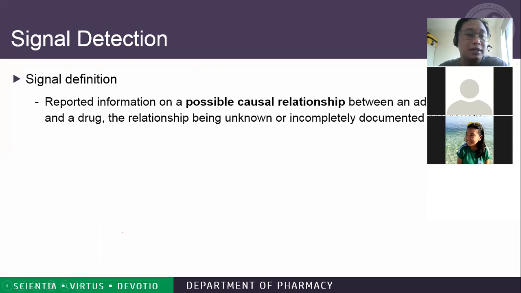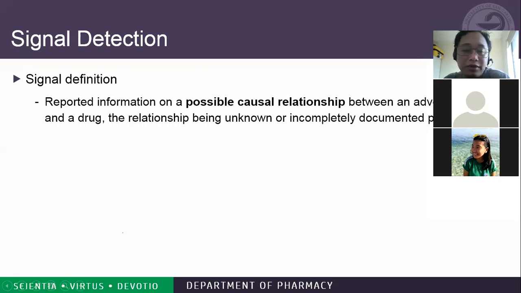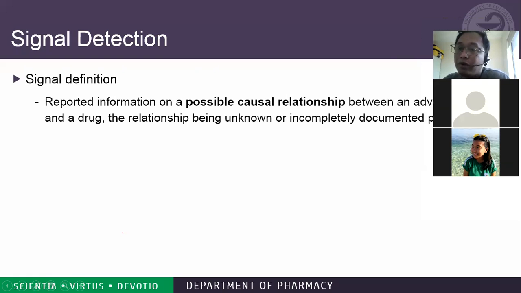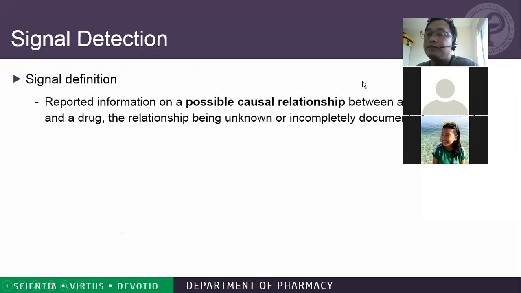So the signal definition. A signal is reported information on a possible causal relationship between an adverse event and a drug, where the relationship is unknown or incompletely documented. If it is already known and previously documented, it is no longer a signal.